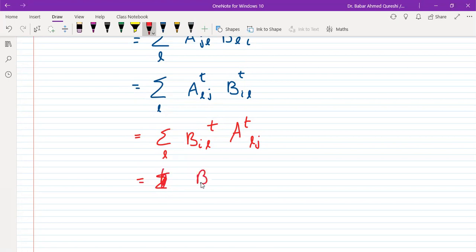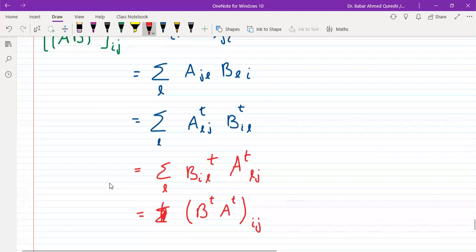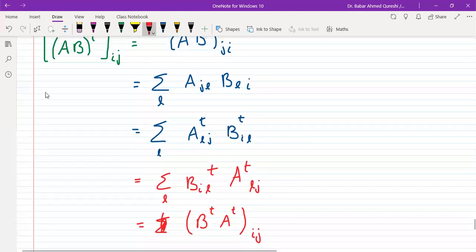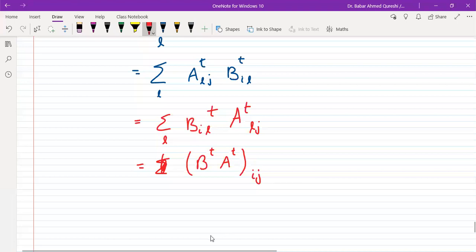This is just the ith, jth component of the product of these two matrices. So I have proved the ith, jth component of AB transpose is equal to the ith, jth component of B transpose A transpose. So those two matrices are the same. So I proved my assertion.